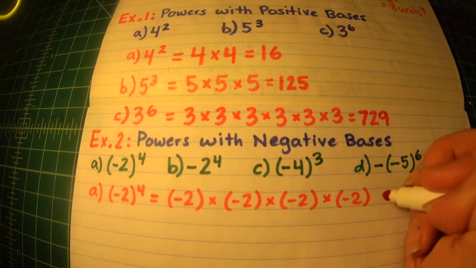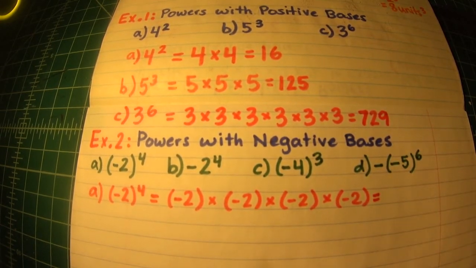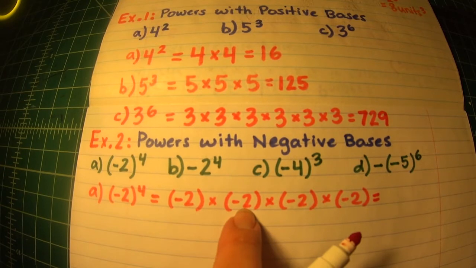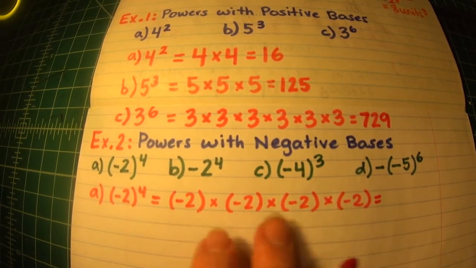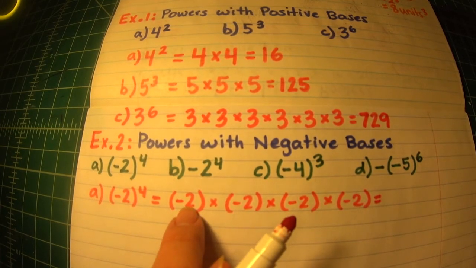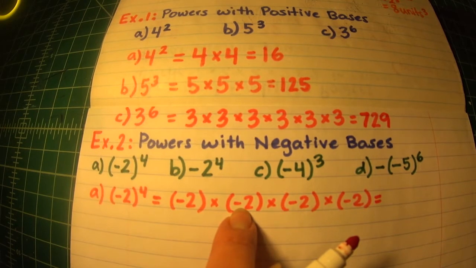So now, when we go to solve this out, not only do we have to multiply the numbers, of course, like usual, but we have to pay close attention to our integer rules with multiplication. So match or mismatch, right? So this first one, -2 times -2, match, so it comes out to +4.